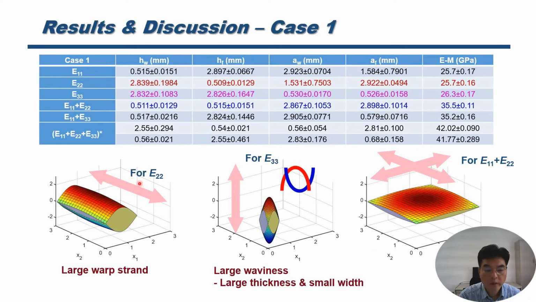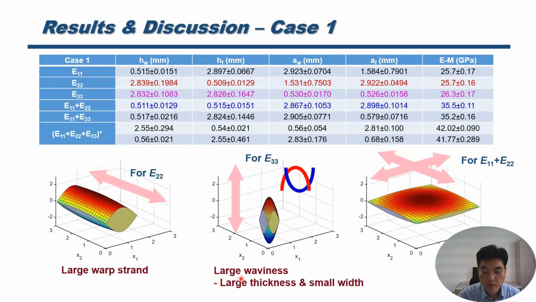For E22, the direction is along the X2 axis. So you need to have large volumes of web strand with a small waviness. However, if you increase the stiffness along the X3 axis, or out-of-plane direction, then you need to have a large waviness, so that the fibers are aligned along the out-of-plane direction.